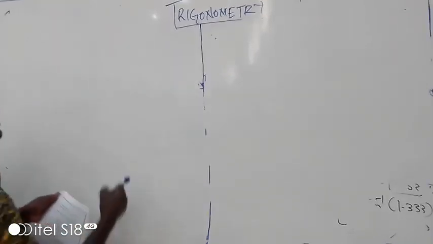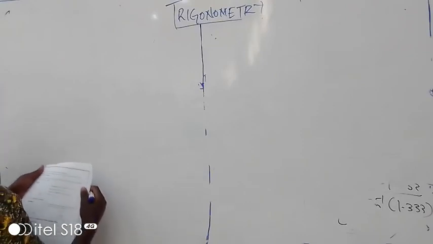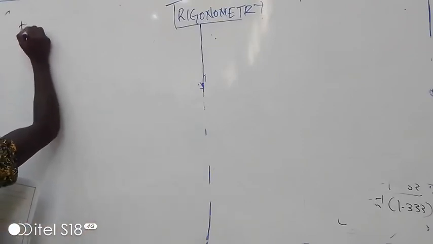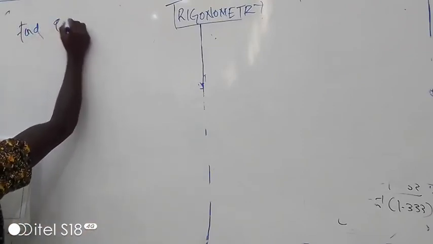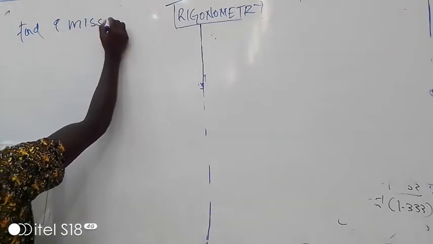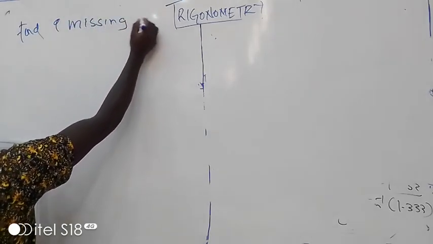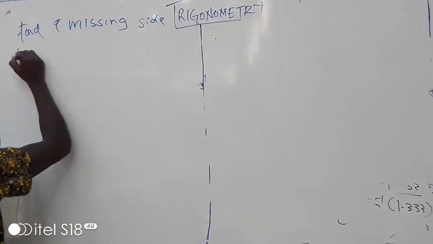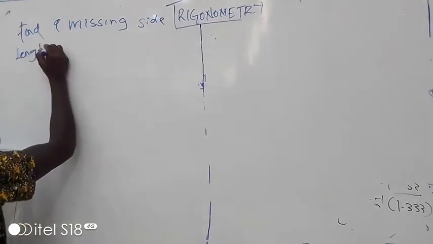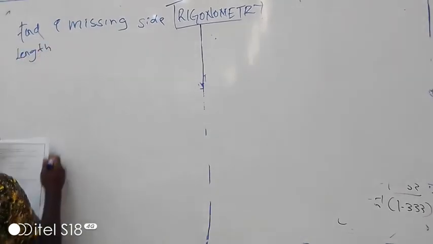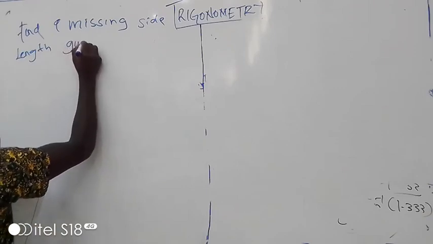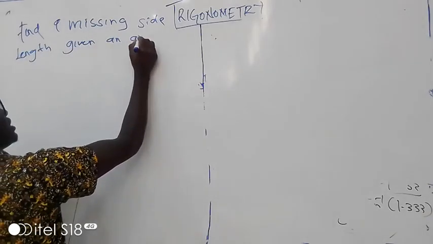So this subtopic is finding a missing side length given an angle.